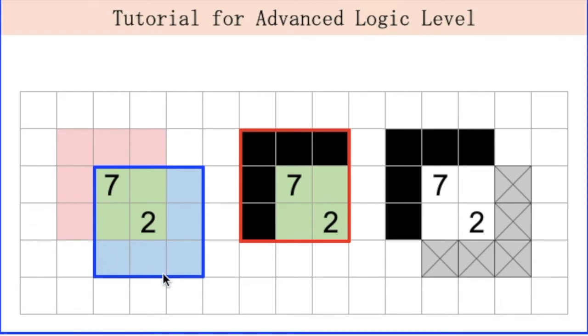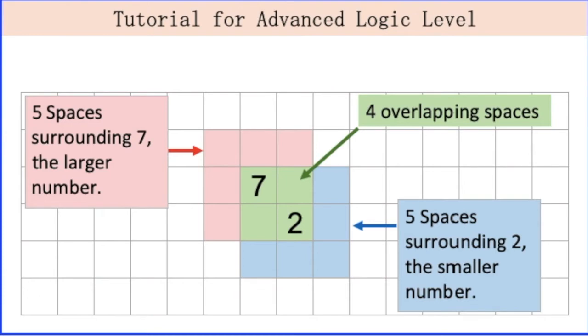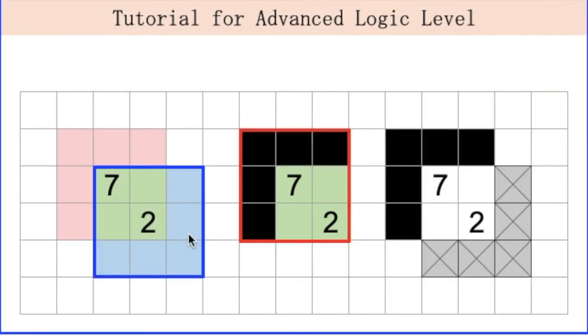The first thing I do is approach the 2 numbers from the smaller number to the larger number. So I go from 2 to 7 and not the other way around. When I differentiate these areas, this is how you apply them, starting with the smaller number, 2 in this case.